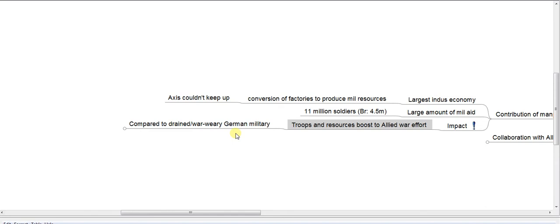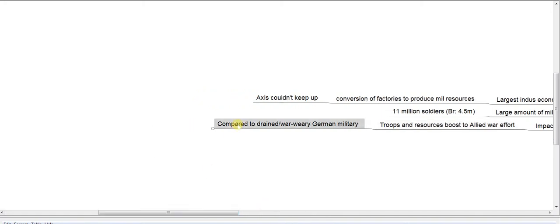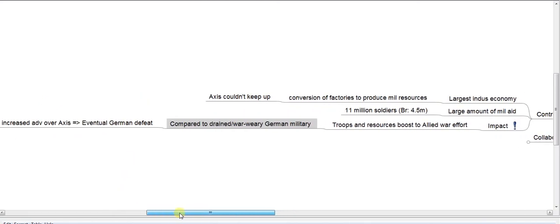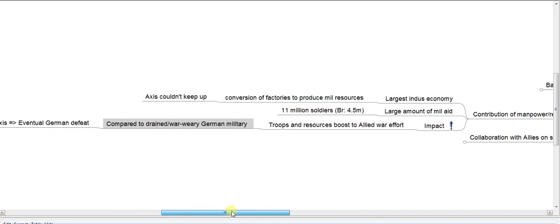The longer the war dragged on, the more unlikely the Germans looked like winning the war, simply because they couldn't keep up militarily, they couldn't keep up in terms of resources as well. And what happened was that the US contribution of manpower and resources greatly increased the advantage of the Allies over the Axis powers, and this eventually led to German defeat.